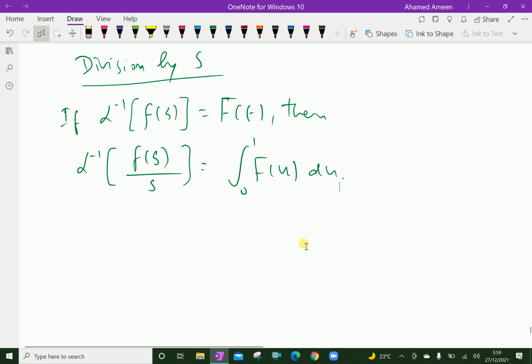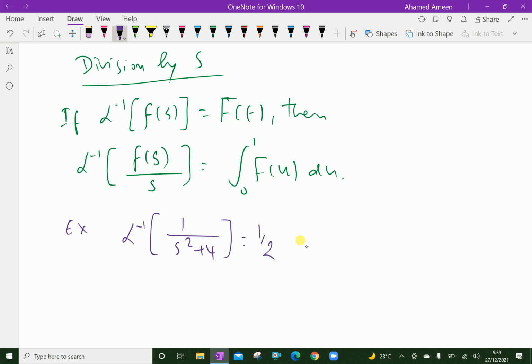For example, inverse Laplace transform of 1 over s squared plus 4 equals, you know that, half sine 2t.